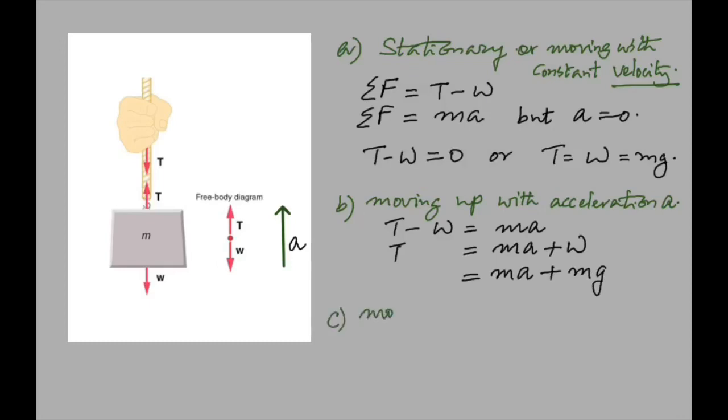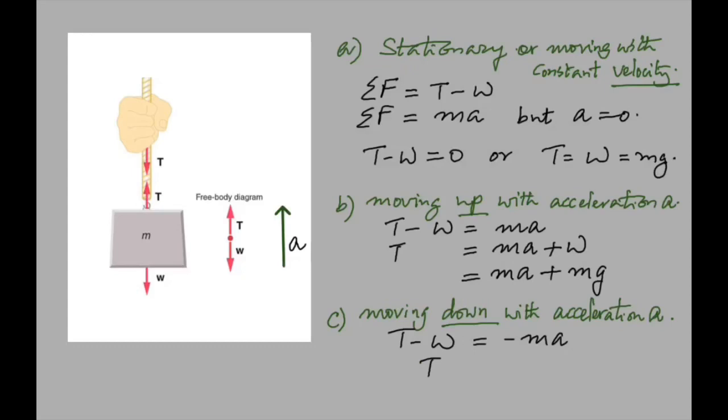In the third case, let's consider that you're moving this object down with an acceleration a. Now you're moving it down. So the free body diagram is the same, but the tension is going to be different. In fact, in this case, the tension is going to be less. All right, so once again you have this, but look at the difference. The net force is set to negative ma.